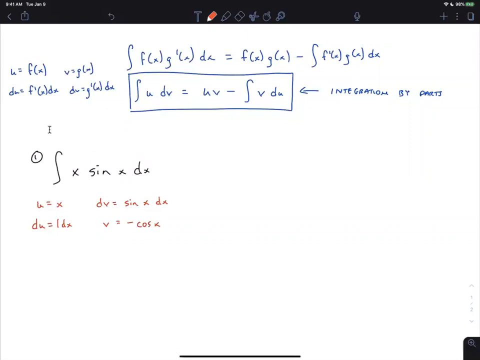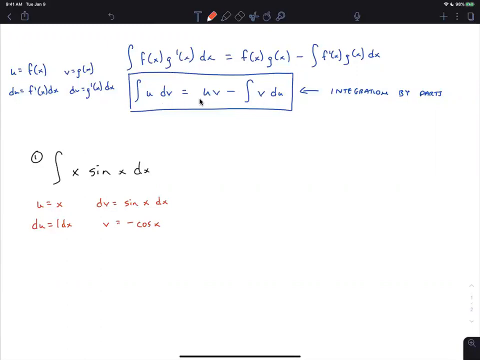Okay, so like I said, we pick u and we pick dv, which is why I'm doing these backwards. dv is on top because that's what we chose. We pick u, we pick dv, we find du, the derivative of u times dx, and we find v, the antiderivative of dv with respect to x. Now we plug it into the formula.